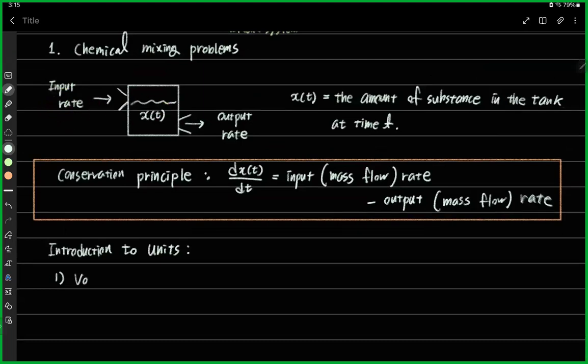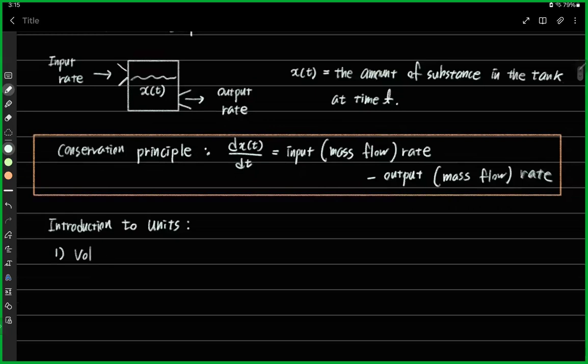This is liquid, so it should have volume, right? Volume for flow rate. The unit for this is the volume, normally liters, right? Liters over time. The second one, concentration.